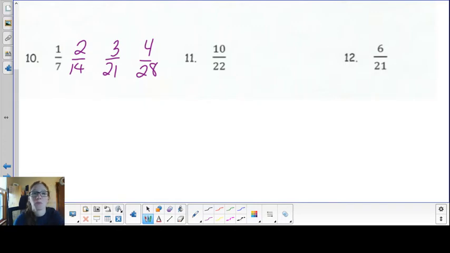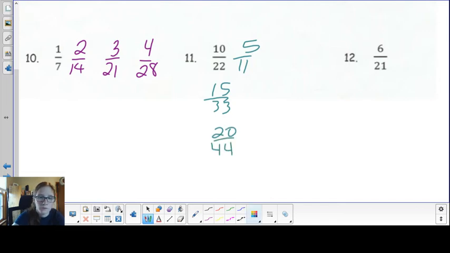This one we can make smaller first. Divide by 2 gives me 5 over 11. Now if I multiply that by 2, I get back to where I was. So times 3 would be 15 over 33. Times 4 is 20 over 44. Oh, let's go with red. 6 and 21 can divide by 3, so it gives me 2 over 7.